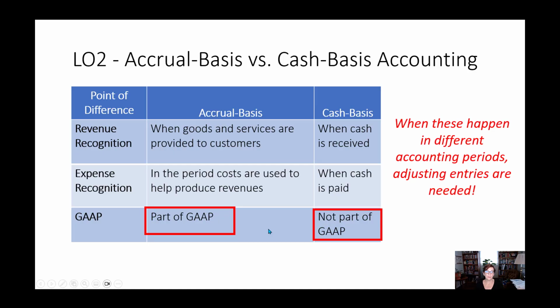For example, if someone had a very small business, they might keep their records on cash basis because that's closer to the way that we prepare taxes, which is mostly cash basis. But for big corporations, and if you need financial statements, say to go to a bank and you need GAAP financial statements, you have to follow these rules. All right? So now, when accrual basis and cash basis happen in different accounting periods, we're going to need adjusting entries.